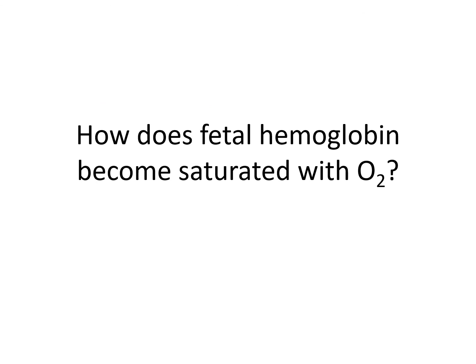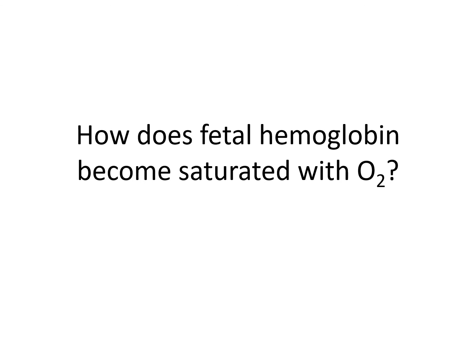So one question is, how does the fetal hemoglobin become saturated with oxygen? If the umbilical arteries become very close contact with the maternal vessels, you would expect only, in theory, 50% of oxygen to bind. But actually, the fetal blood cells are saturated. Now, why is this?